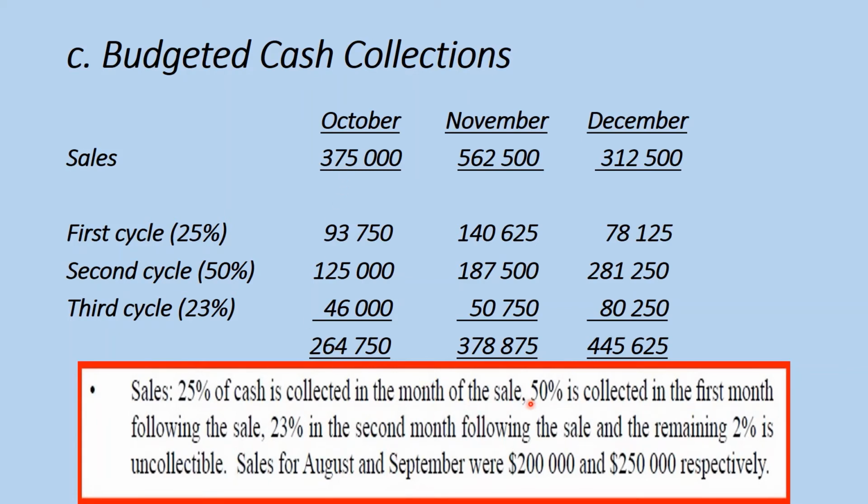It's going to be 50% of September, 50% of that is 250,000, and we'll get the 125,000 here. And the 200,000, it will be 23% of that, and we get 46,000 here. So we add this together and we get 264,750 as our collections for October.